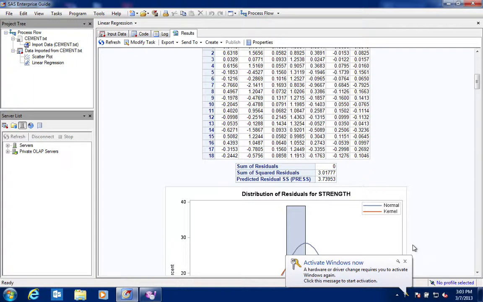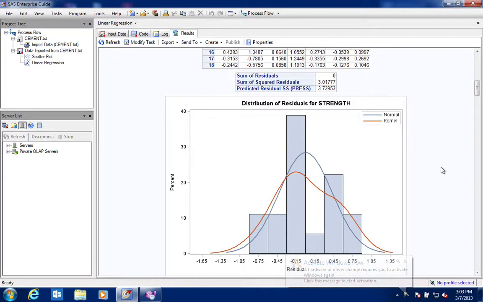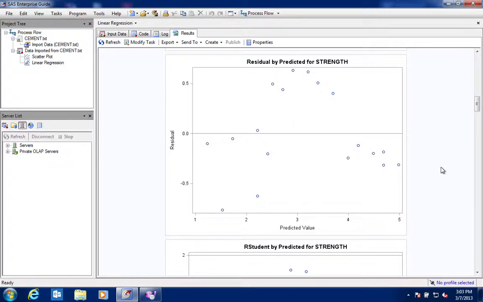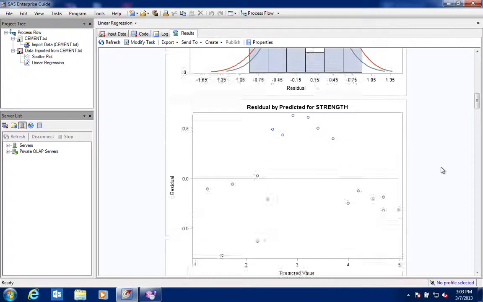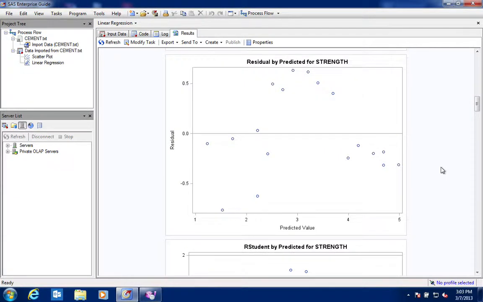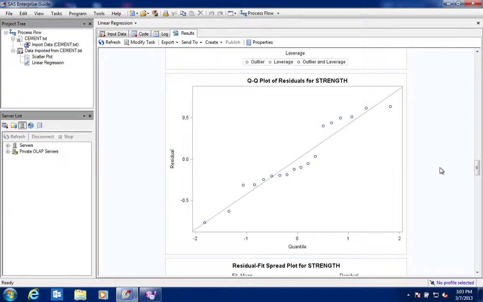Normality of this model based on this curve is a little bit awkward, right? Histogram says no. The kernel comparison with the normal says no. And we can look into the QQ plot, it says absolutely no, right? So normality is violated.